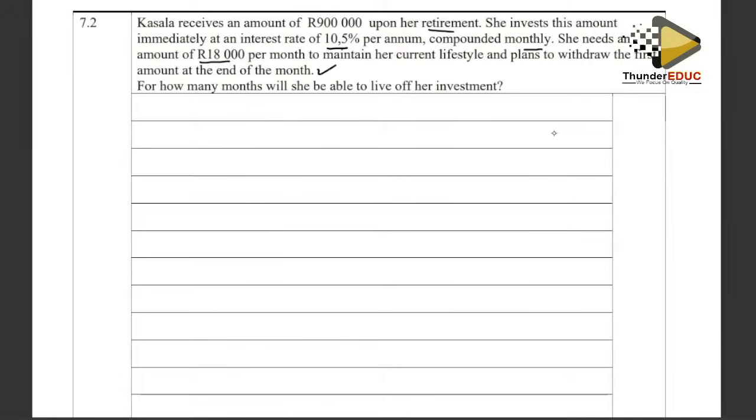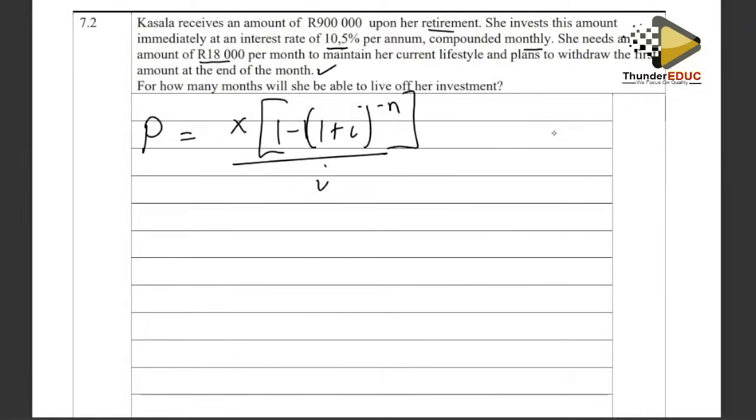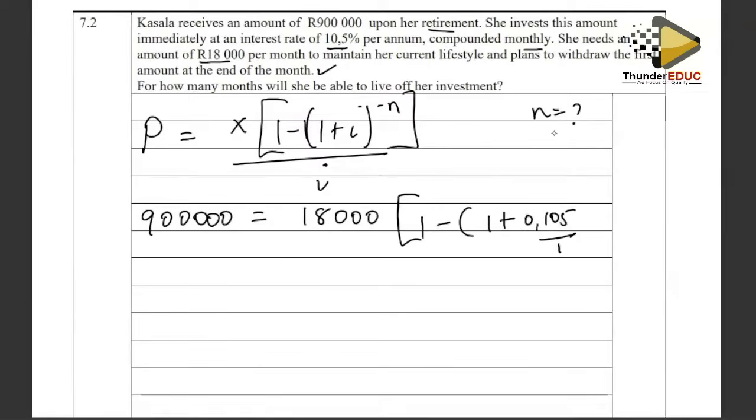So this is a present value situation, okay, whereby we're looking for the n, after how many months. Let's first put this down: P equals x times 1 minus (1 plus i) to the exponent of negative n, over i. So our P is the 900,000, and then the x is the 18,000 into 1 minus 1 plus the i, which is 0.105 over 12, to the exponent of negative n.